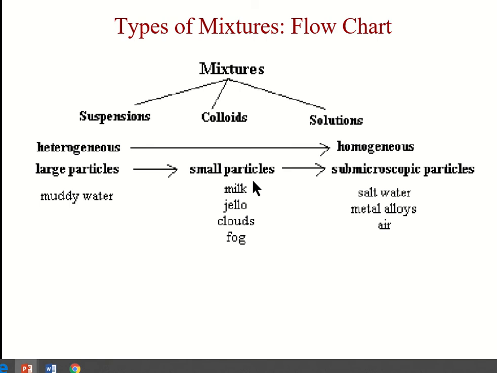Colloids have very small particles. Examples would be milk, jello, clouds, fog. Again, you have subatomic particles, ions, dissolved. You're going to have to get it out by another means like distillation or other things. Metal alloys, air, salt water would be examples of homogeneous mixtures or solutions.